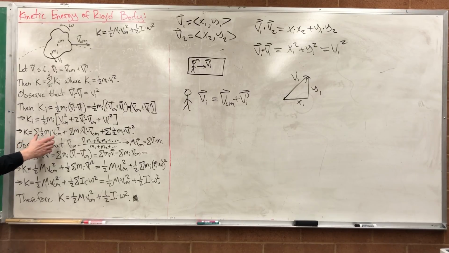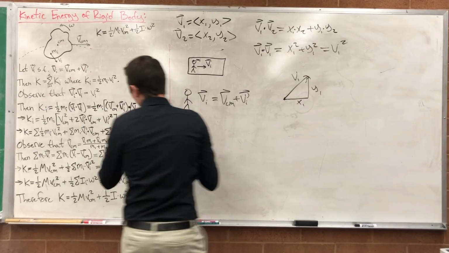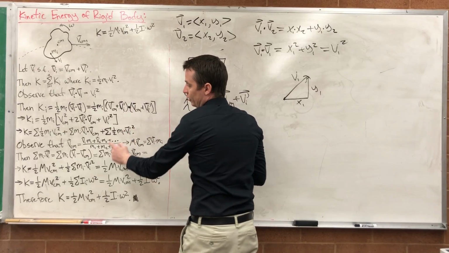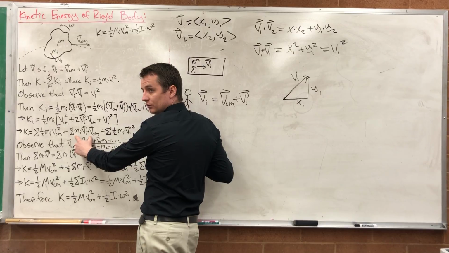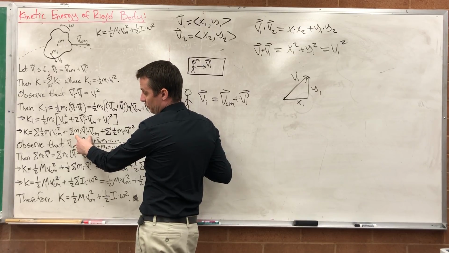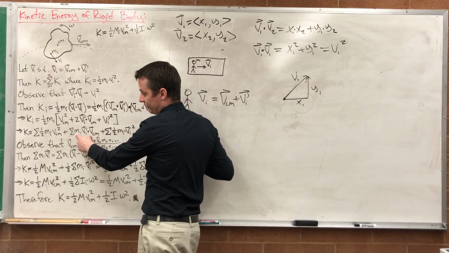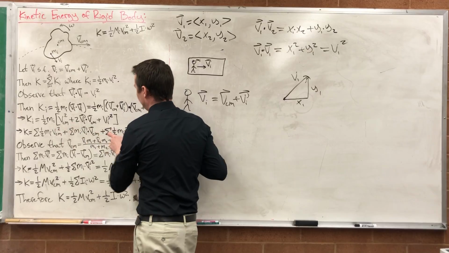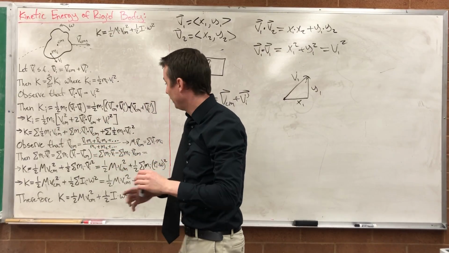This term right here, it turns out, is going to give us this term. This term right here is going to give us this term. And the tricky part is this middle term is going to go to 0. Yeah, this middle term, in fact, is a 0. And so the next 3 lines are pointing out, hey, this middle term is a 0. Then we'll go back to just this term and this term to make them look like this. You understand what I'm saying?